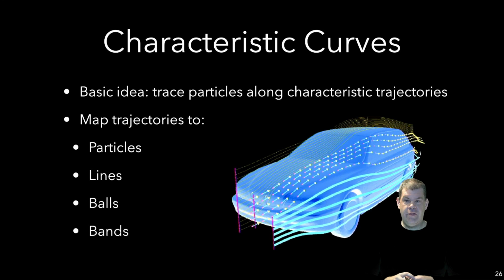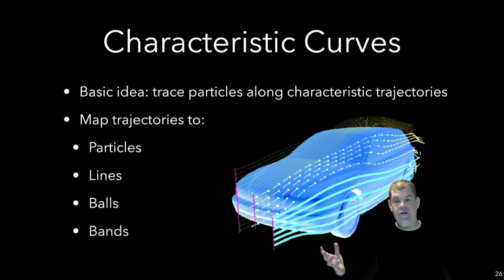So what we want to do is follow particles. We want to follow massless little things through the flow, and we can visualize the particles directly. We can visualize those particles as they flow, or we can compute their trajectories, or we can compute other characteristic lines, which are not necessarily the trajectories, and visualize those.